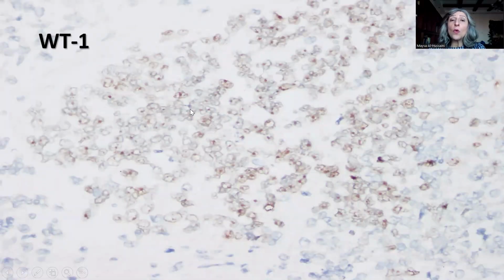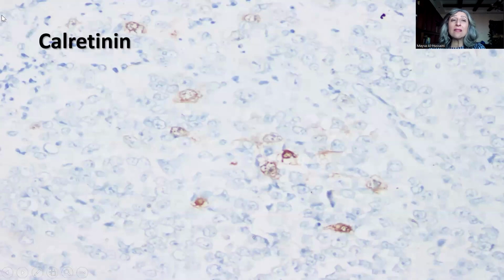WT1 shows a nuclear staining in the tumor cells. Calretinin is described to be positive in some of the tumors. In this particular tumor, it was only focally positive.